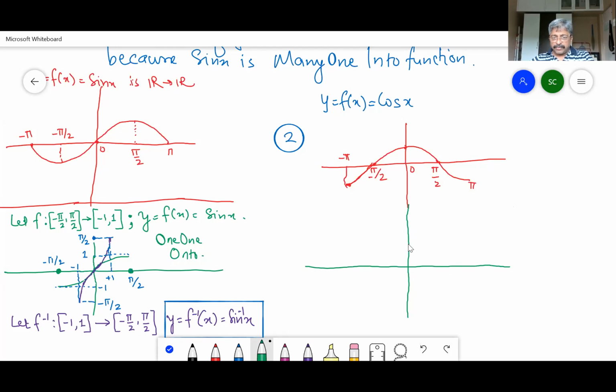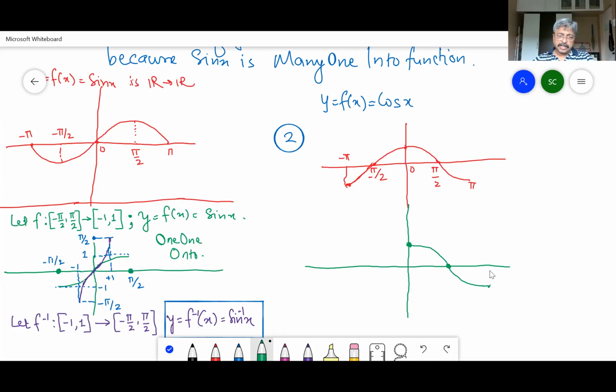So if we are working from 0 to π, we have this 1 with us, we have this π/2 with us, and we have -1 here. So the graph is going to be like this.